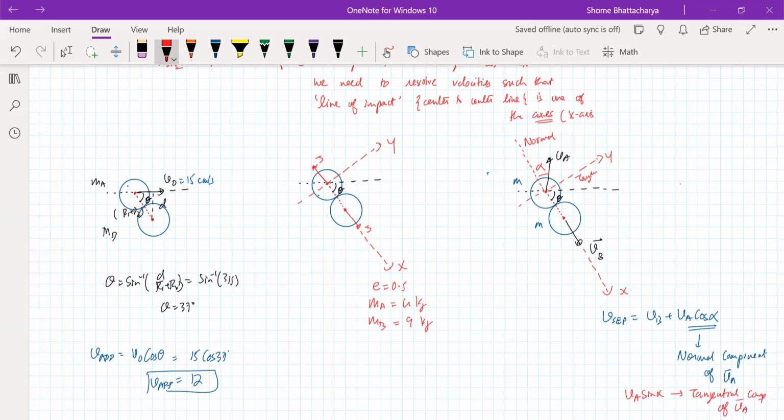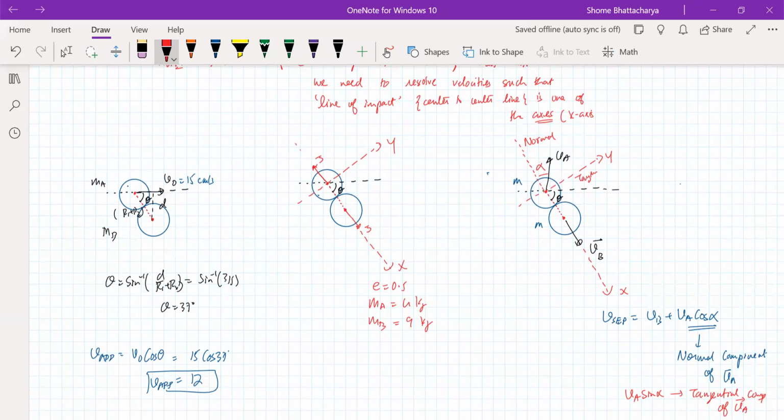Now, what can you tell about the tangential component of VA? I will just make a claim that tangential component of VA should be conserved. Now, can you tell me why? Because it is perpendicular to the line of action. Yeah, tangential component of VA should be conserved because the impulse is acting in the normal direction only.